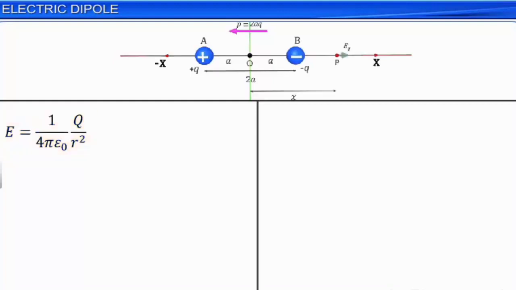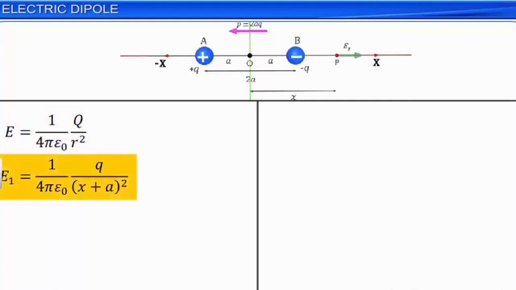Following the expression, the magnitude of the electric field strength E1 due to the charge plus q is equal to 1 by 4 pi epsilon naught, q by (x plus a) square. Let this be equation 1. The direction of this electric field is opposite to that of the dipole moment.